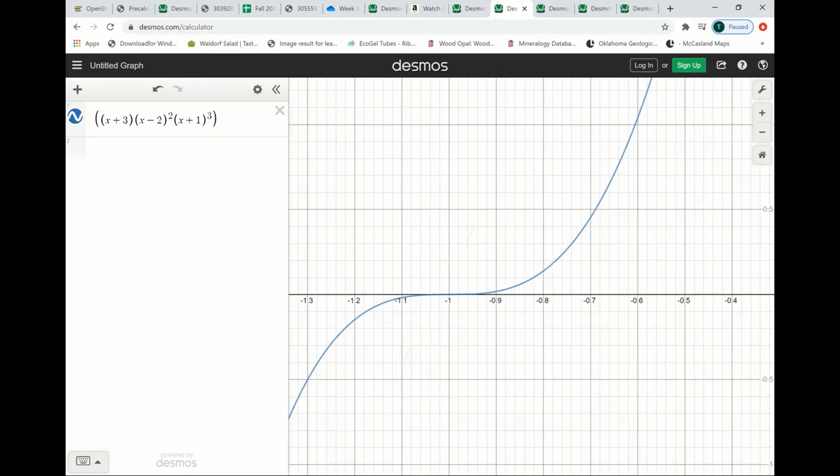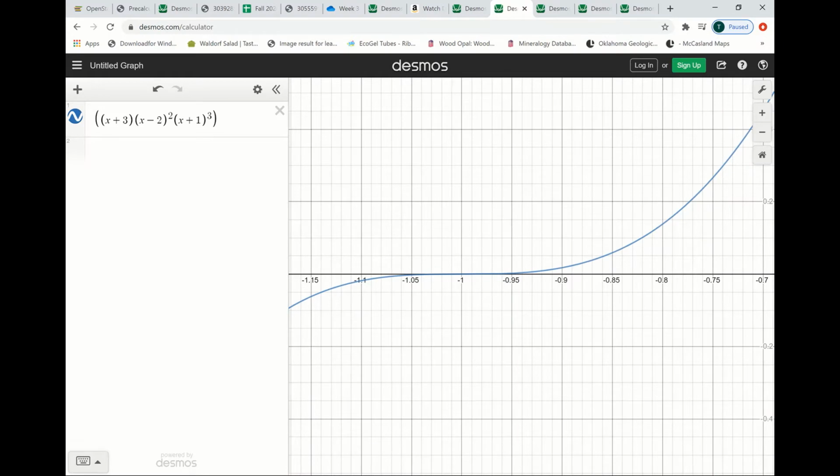Now back to another odd multiplicity. Notice here when x equals negative 1, it does punch through, but it takes a little more time to get through that axis. And the way this works is when your multiplicity, and that's the power of your root, is odd, it will go through the axis. When your multiplicity is even, it will bounce right off like you would see a parabola doing.